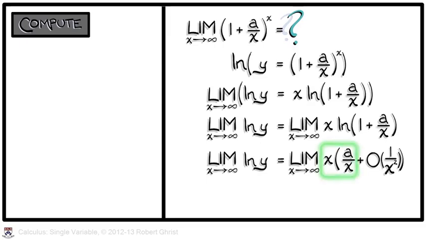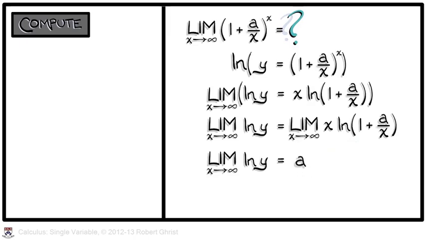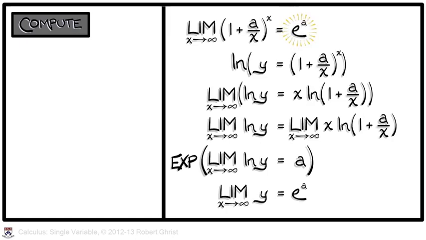That limit is going to be easy to compute. The leading order term is, in fact, a, and that is the limit, not of y, but of log of y. And so, exponentiating this equation and exchanging with the limit gives the limit as x goes to infinity of e to the log of y, that is y, is e to the a. And that is indeed what the limit of 1 plus a over x to the x is.